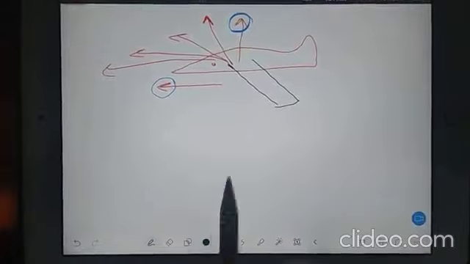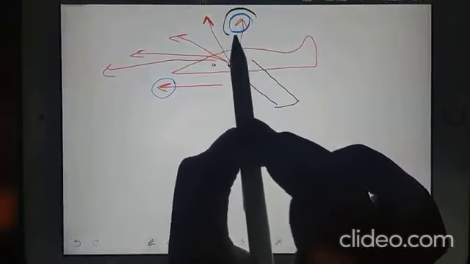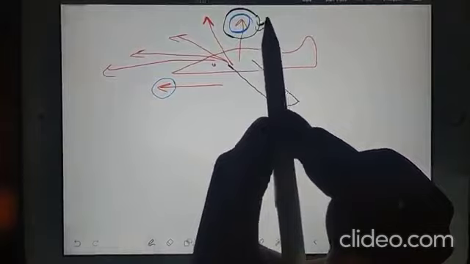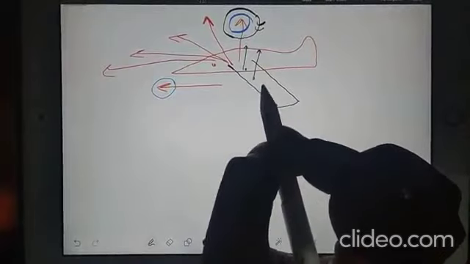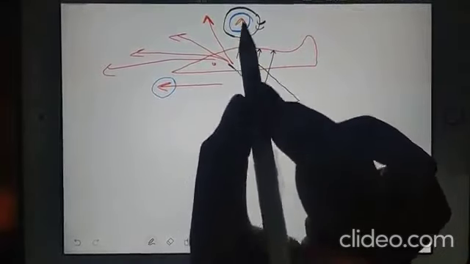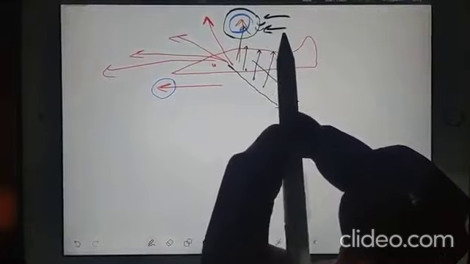Now see, if you want to produce this vertical motion, that is because of the wing. The wing is giving you lift, and this lift is acting upward, so you are getting the vertical direction.